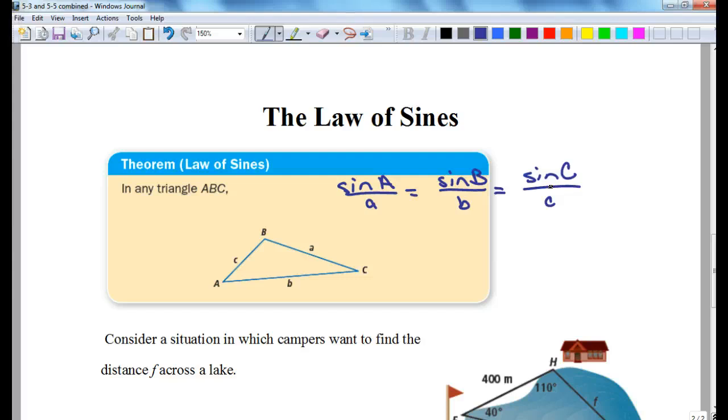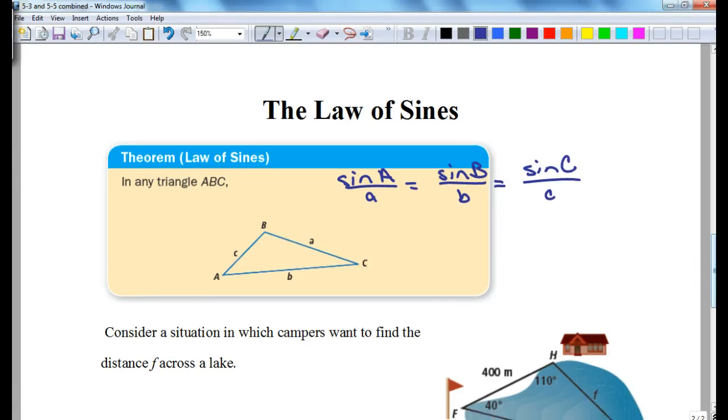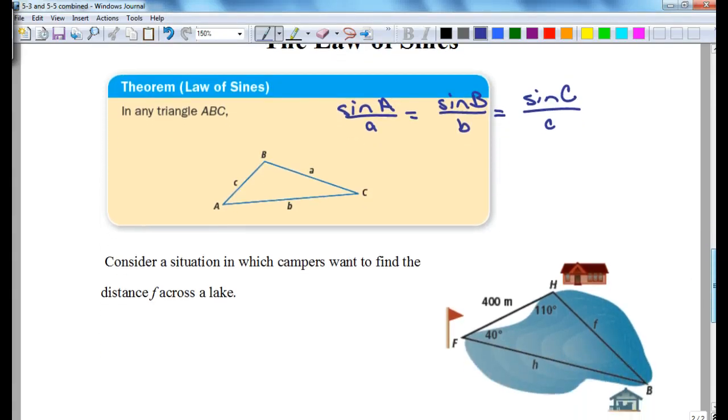Personally, I like this formula the best because it's the easiest to deal with. You can solve these just by cross multiplication. So this one's easier, but sometimes you have to use the law of cosines. If you don't have an angle listed, you do.